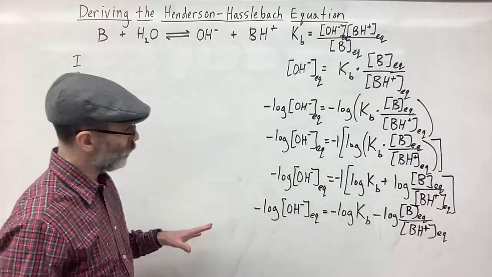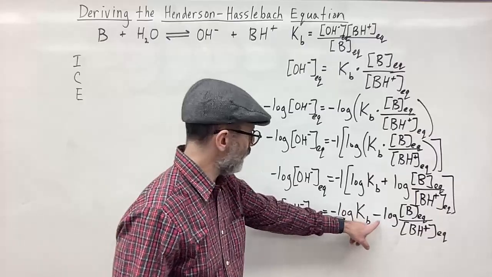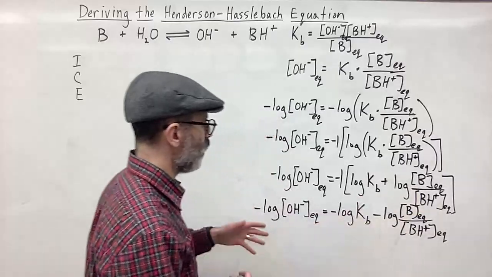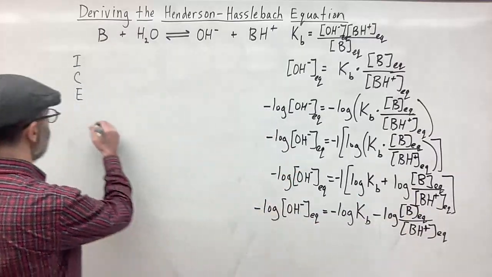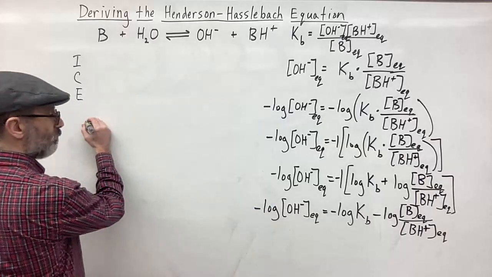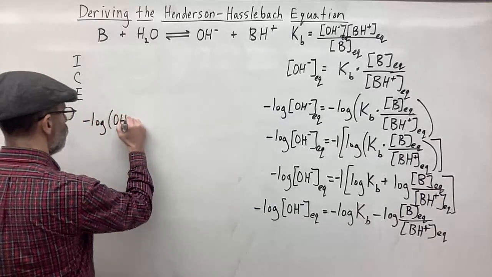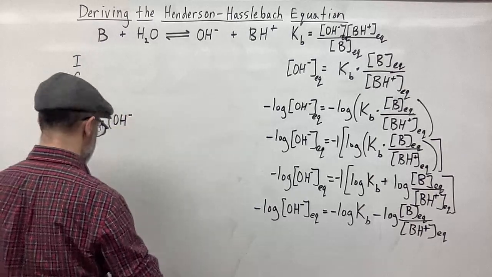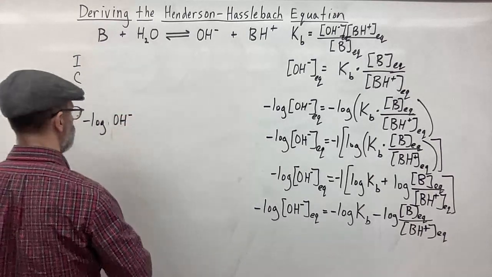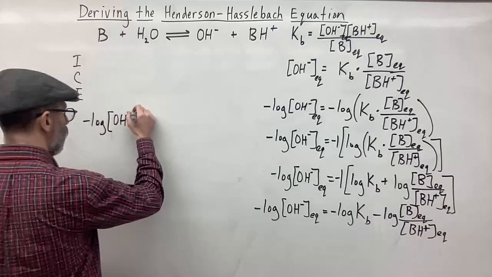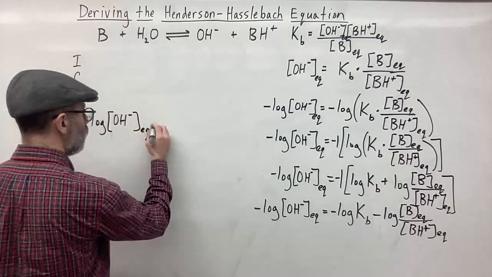So now what I can do is take that negative, bring that up here, and take the reciprocal again. So now I'm going to have the negative log of OH minus concentration at equilibrium.